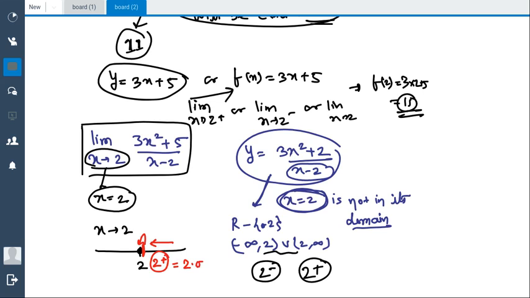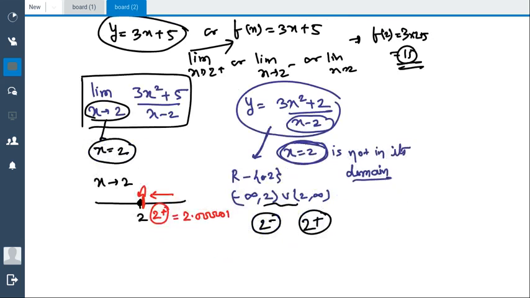2 plus is like 2.000001, or in different words, it's like 2 plus h, where h is tending to 0. And if we approach 2 from this side, then this would be 2 minus.